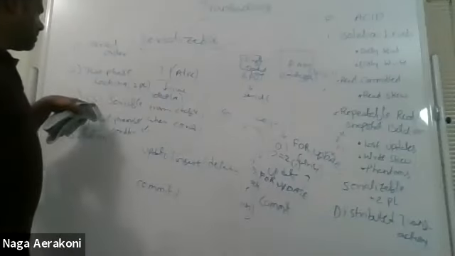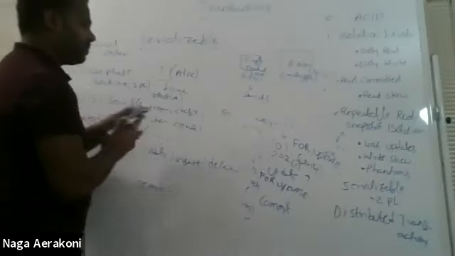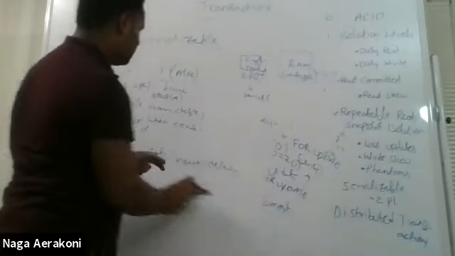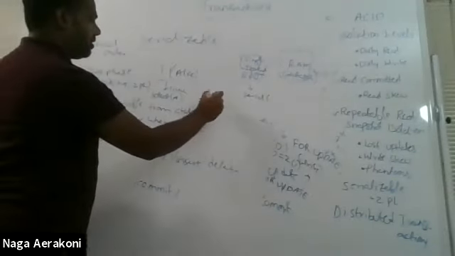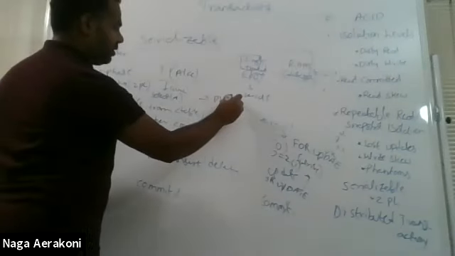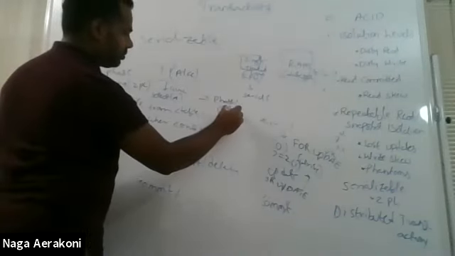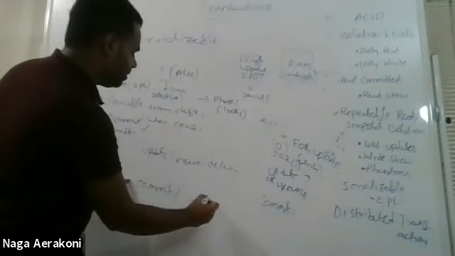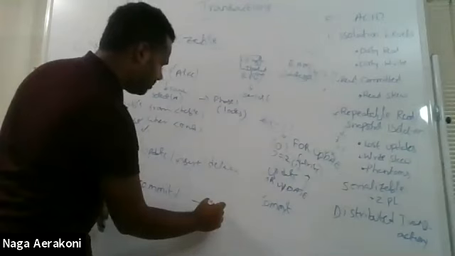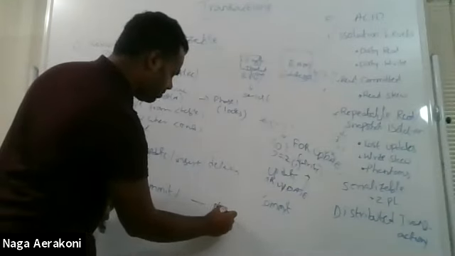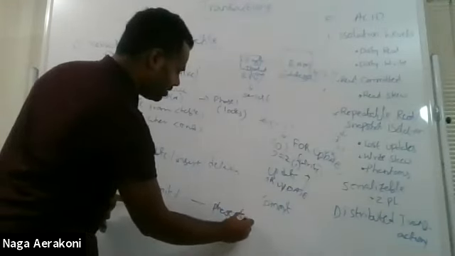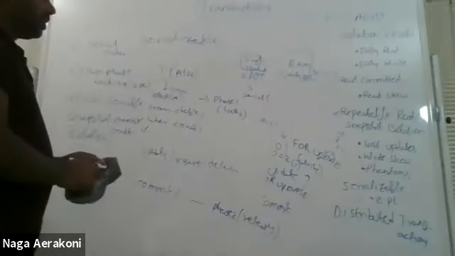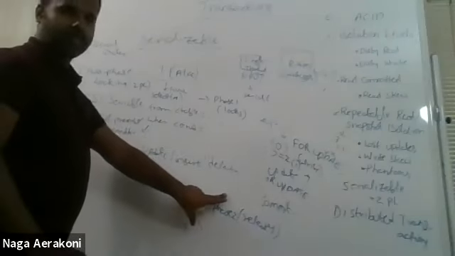The name two-phase comes from the fact that in the beginning of the transaction, which is phase one, it obtains locks for all the rows that you are accessing, and in the commit phase, which is phase two, it actually releases the locks. So that's where the name comes from.